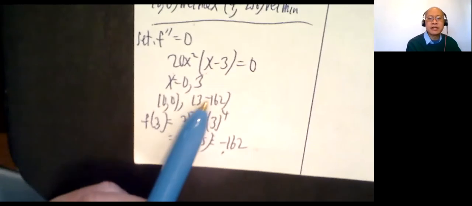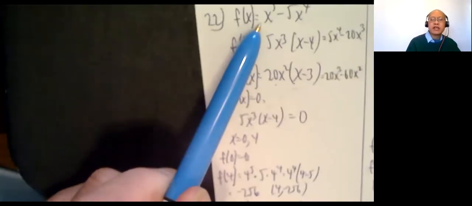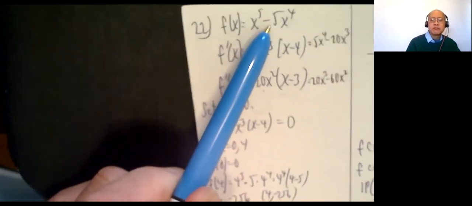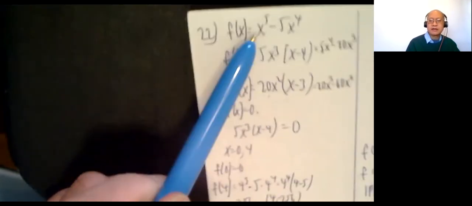What makes this 0? 3. 3 comma negative 162. So 3 goes back to the original. It's 3 to the 5th power minus 5 times 3 to the 4th power. You can punch that in. It comes out to be negative 162.